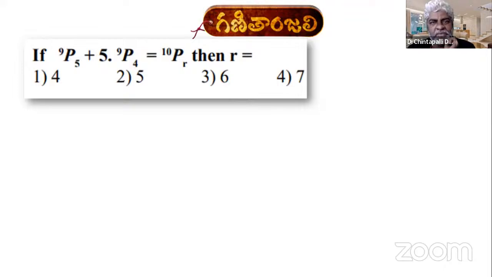Previously, we discussed something about P. P stands for permutation. P is the first letter of permutation, right? Yes. I'm telling one thing here.